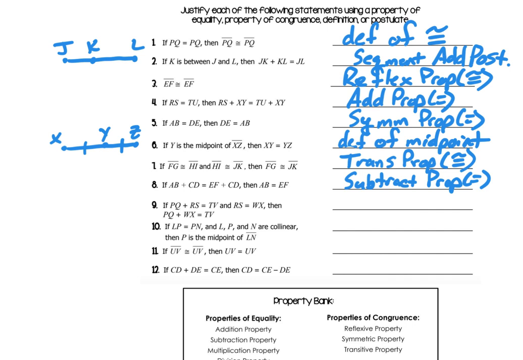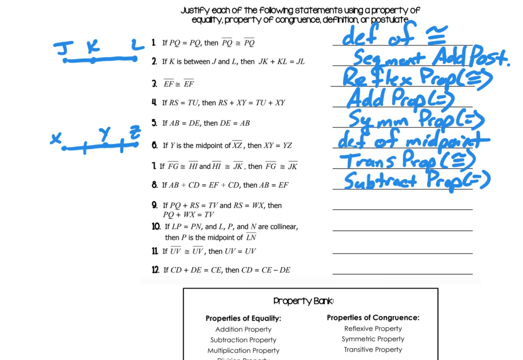Okay. Number 9, if PQ plus RS equals TV and RS equals WX, then PQ plus WX equals TV. What did they do here? They substituted it in, right? They're saying RS and WX are the same thing.